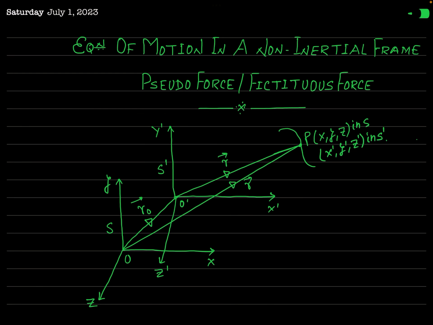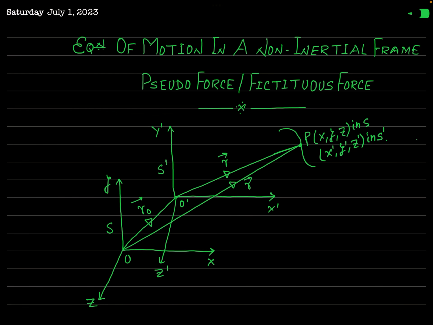A great mathematician, d'Alembert, devised a technique to write the equation of motion in a non-inertial frame. When we want to write the equation of motion in a non-inertial frame, we have to think about an imaginary force, which is not actually a force but a force-like term, called pseudo force or fictitious force.